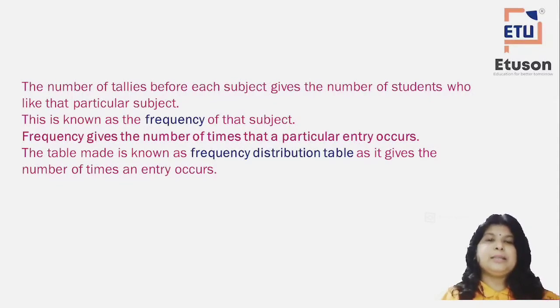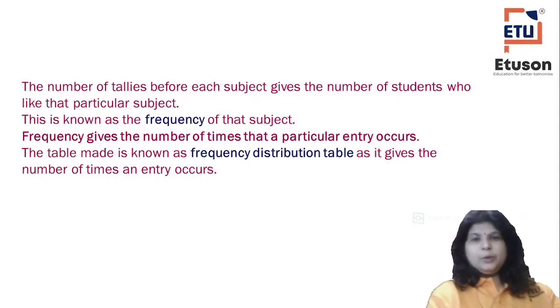This is known as the frequency of that subject. Frequency gives the number of times that a particular entry occurs. The table made is known as a frequency distribution table as it gives the number of times an entry occurs. So here frequency means 7, 5, 6, etc.